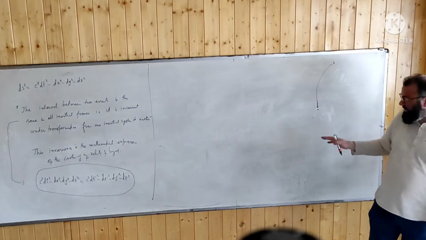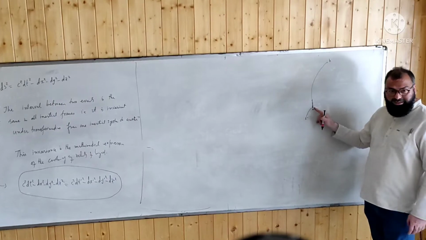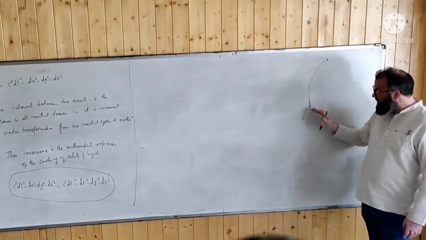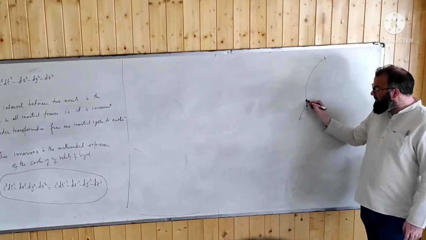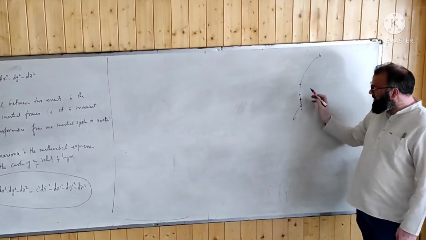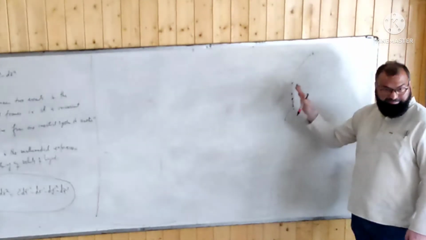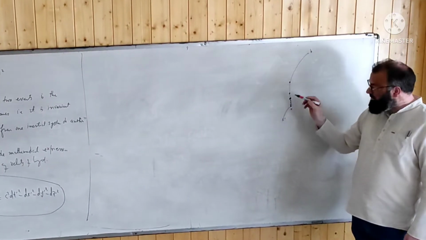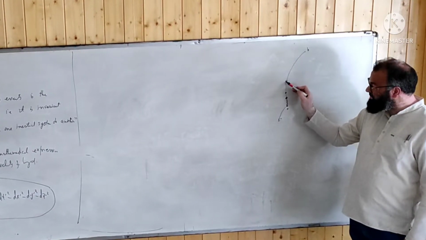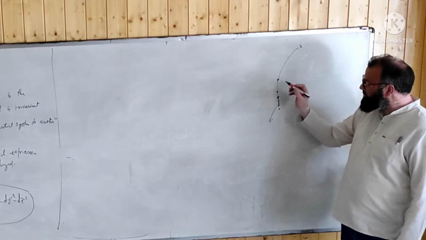Let's assume the observer is at this very point, and this observer will observe the time on these clocks. You have a clock moving along this trajectory, and the observer is trying to observe its time.